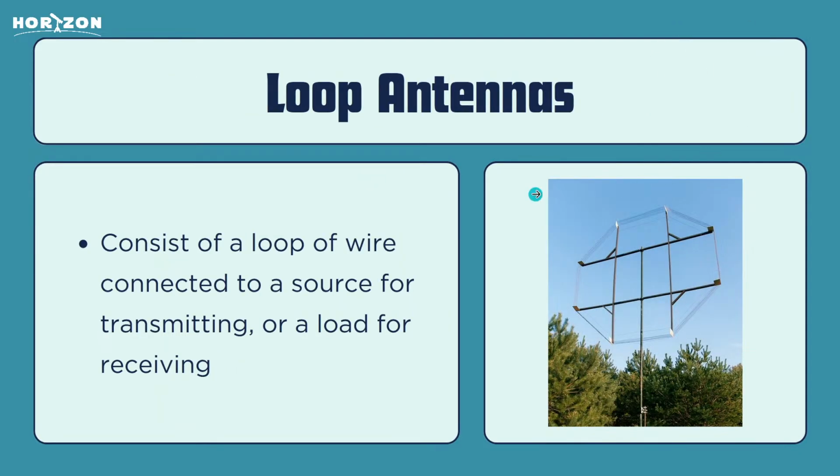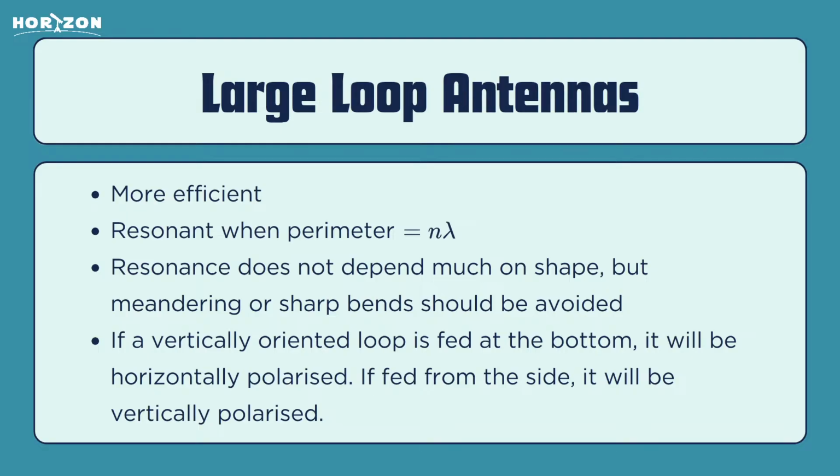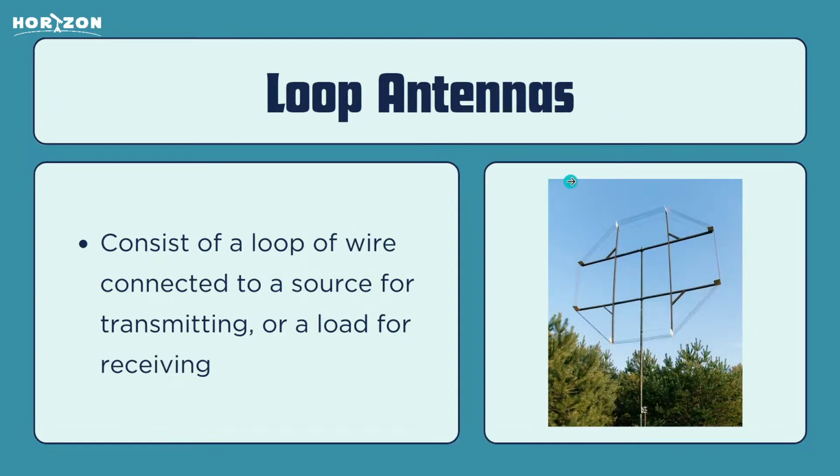All right. So now we come to loop antennas. As the name suggests, loop antennas consist of a coil of wire connected to a source for transmitting or a load for receiving. So large loop antennas usually refers. Again, in loop antennas you can have resonance, but this time current would start over here.